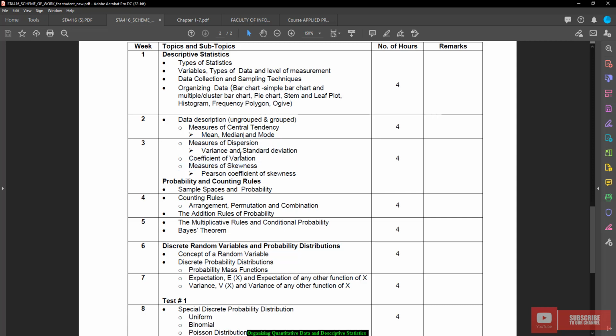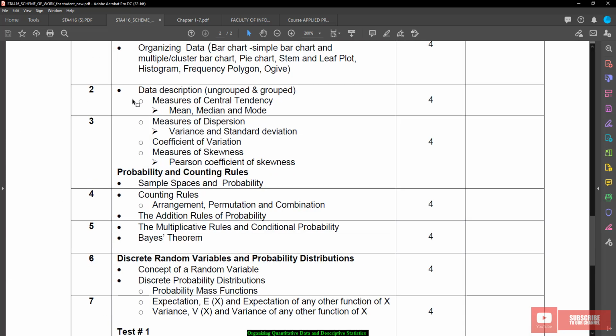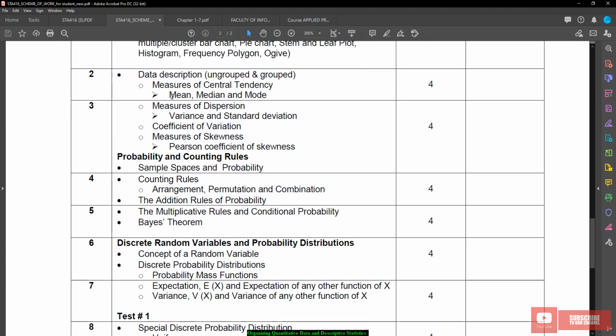And you need to remember, descriptive statistics, or data description, is only possible when we have quantitative data. If you have qualitative data, we cannot find mean and median. We can only find mode, right?